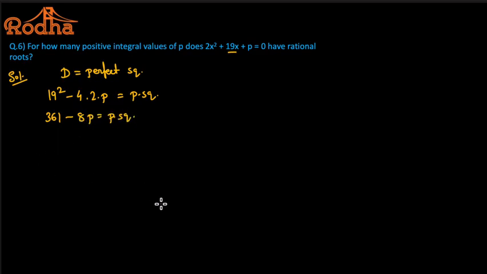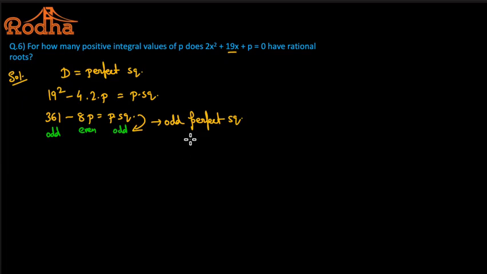Now obviously if you observe, 8p is an even number and 361 is an odd number, so odd minus even will always be odd. 5 minus 2 is always 3, right? So odd minus even is odd. That means I'm searching for a perfect square that should also be an odd number. So I'm searching for odd perfect squares here.